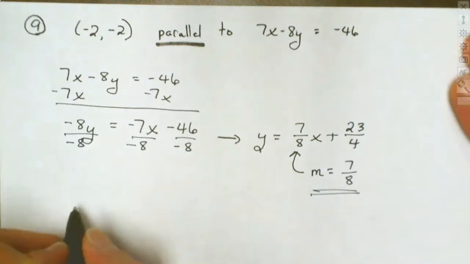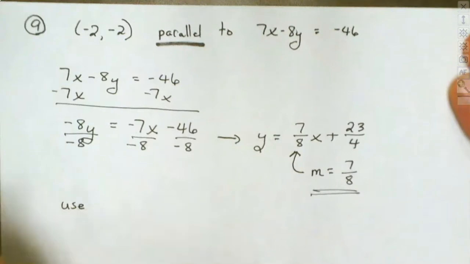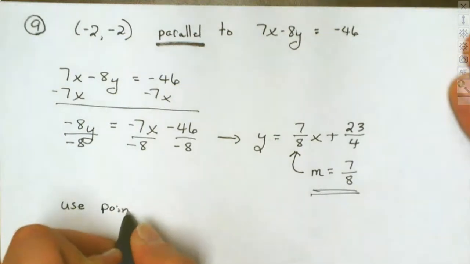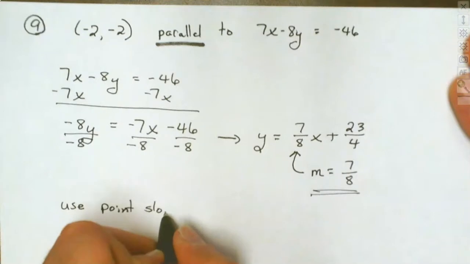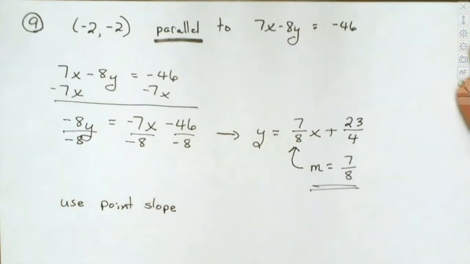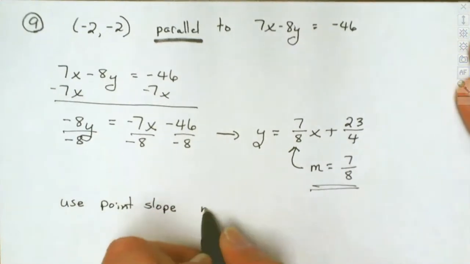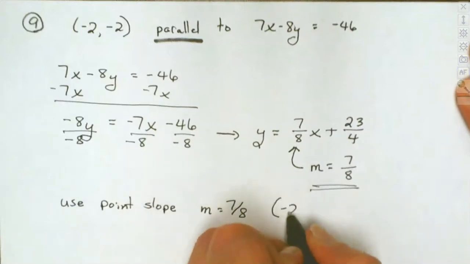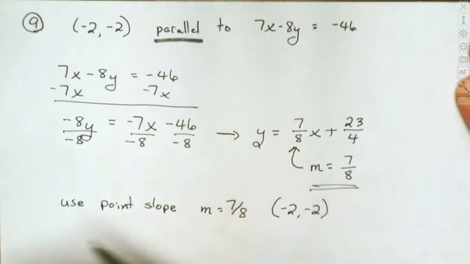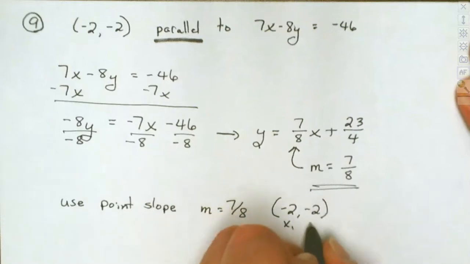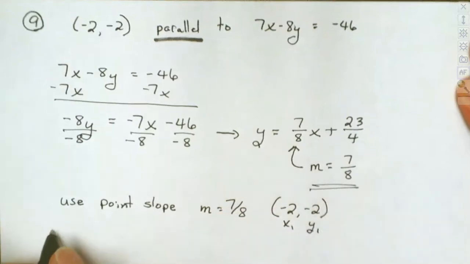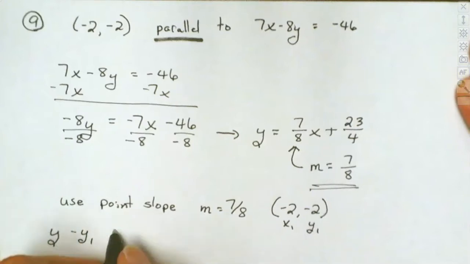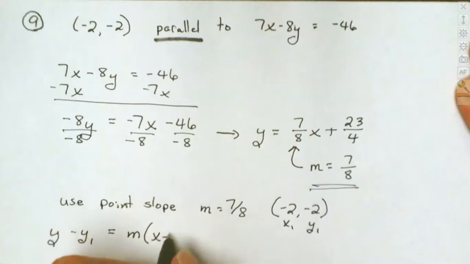So now we can use our point-slope formula. And what we have is we've got the slope of 7/8. And we also have that point minus 2 minus 2. So that's x1 and y1. And our point-slope formula is y minus y1 equals m times x minus x1.